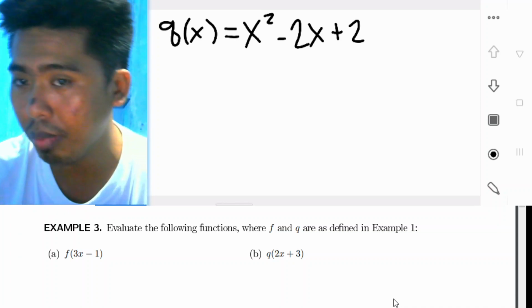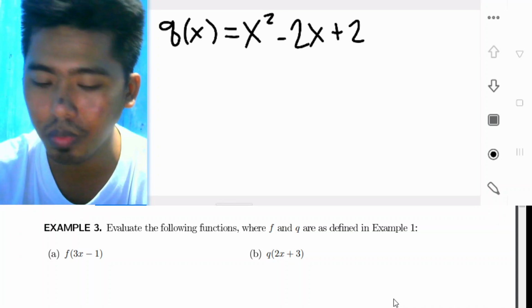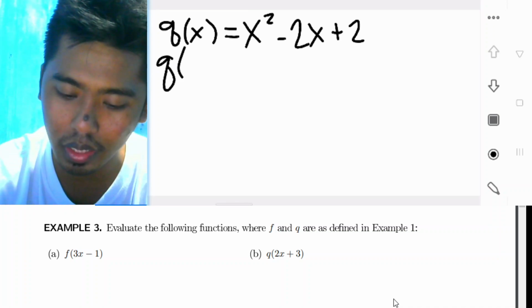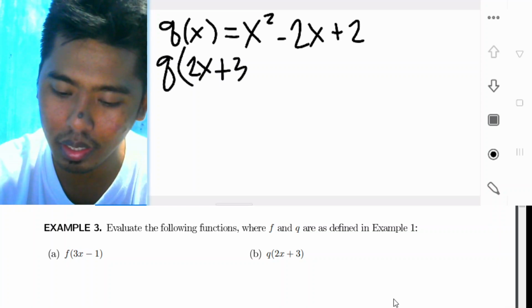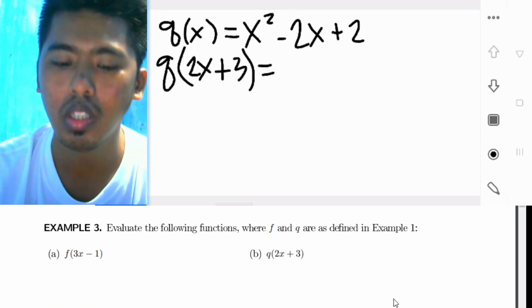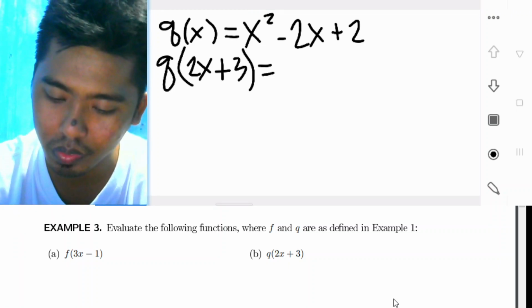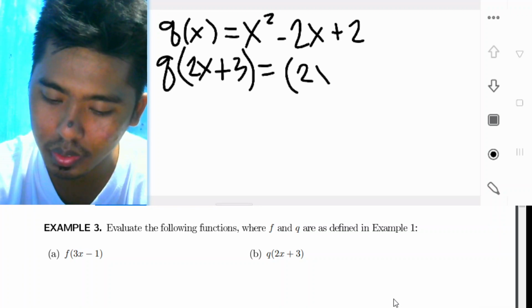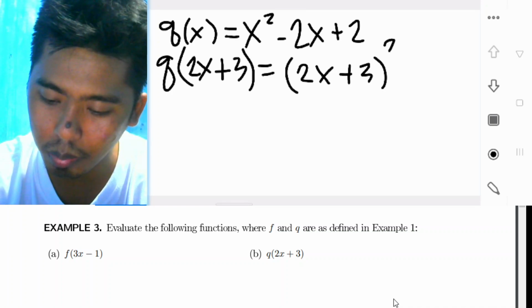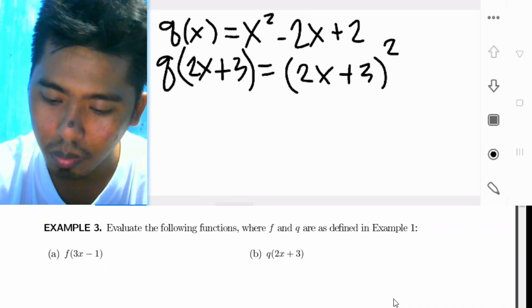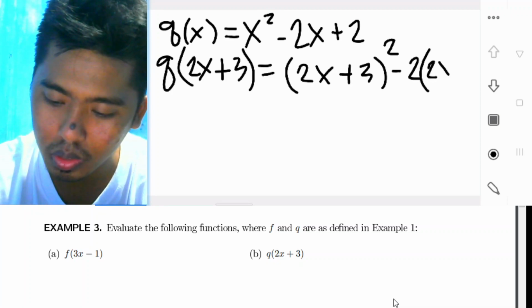Now the problem here in example number 3, we need to change all the x into 2x plus 3. So in every x, guys, replace it with 2x plus 3. So this would become 2x plus 3, being powered by 2, minus 2 times 2x plus 3.